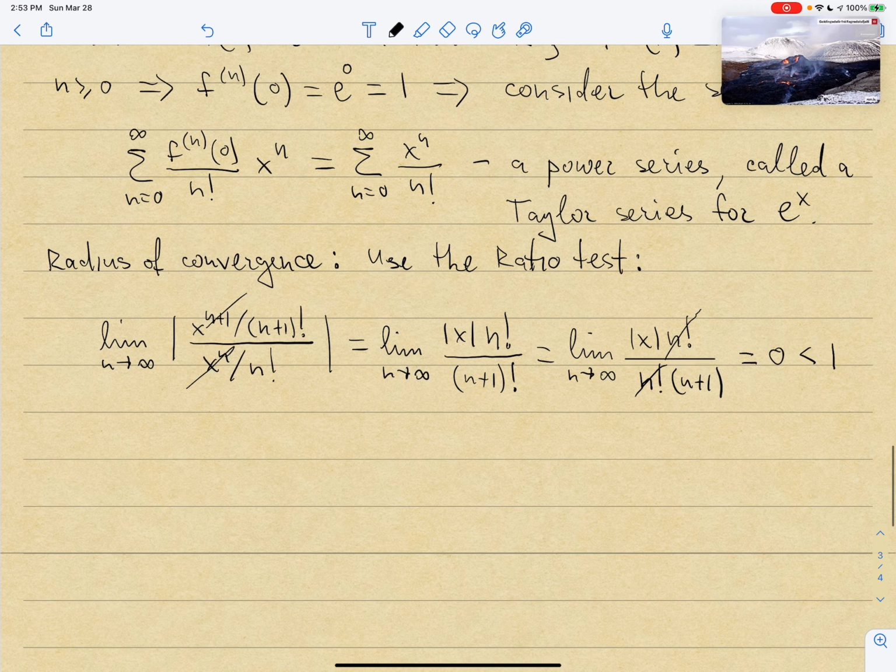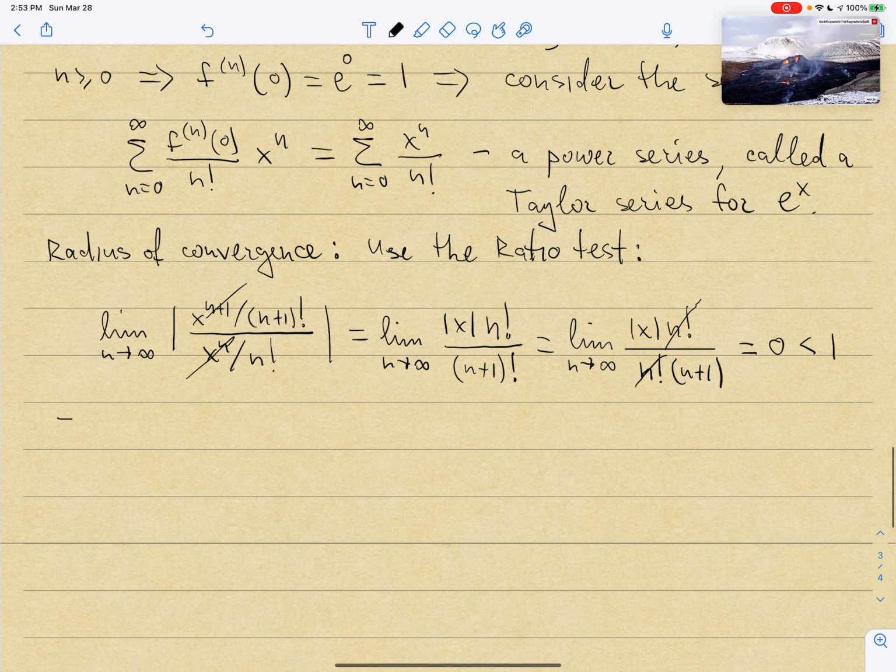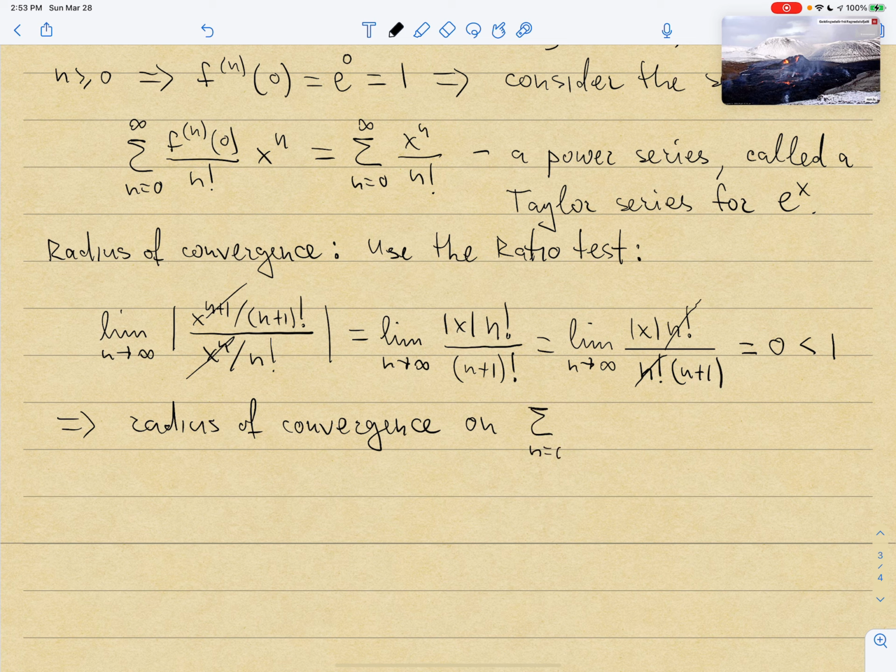So then the radius of convergence of our series is infinity, and so the interval of convergence is the entire real line.